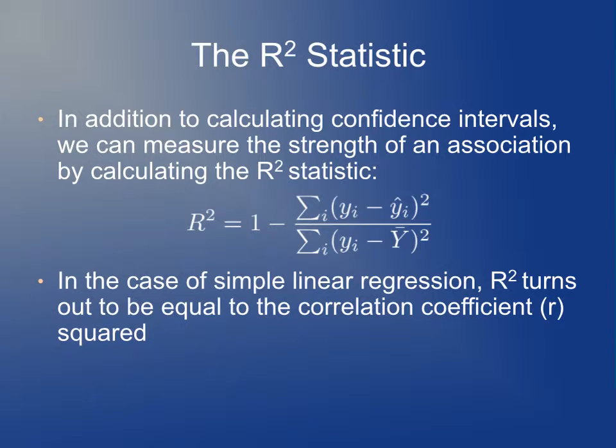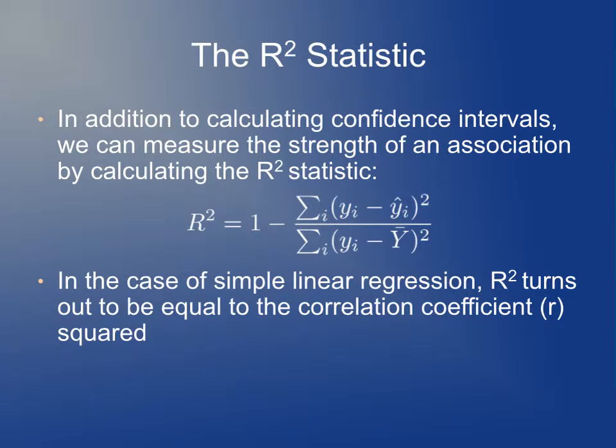That's the errors that you cannot explain by the regression line, the yi minus yi hat squared. The difference between yi and yi hat would be 0 if the model was perfect. If that's imperfect, then there are some errors. The bottom is the errors that you would get if you had no information whatsoever about y, in which case you would estimate every possible value of y to be its mean y bar.